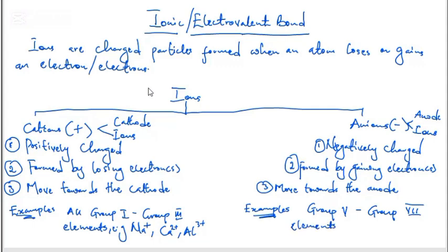So examples, we have your nitrogen, which is 3 minus, sulfur, which is 2 minus, and chlorine, which is just 1 minus. So basically these are your ions.